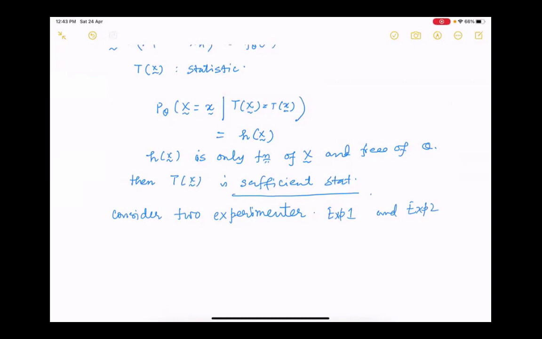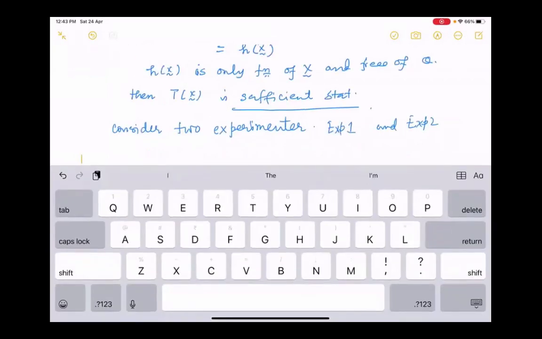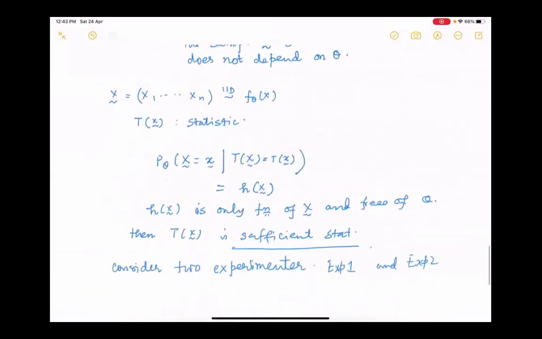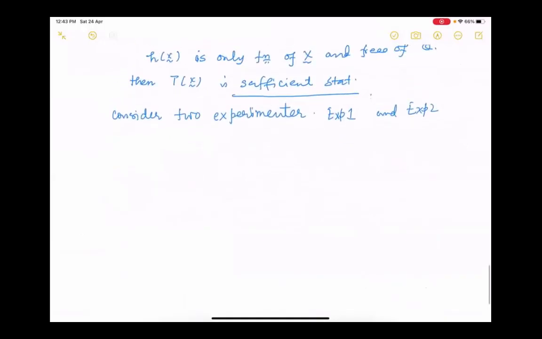One person observed x tilde equal to x. Another person may have observed x tilde equal to y.